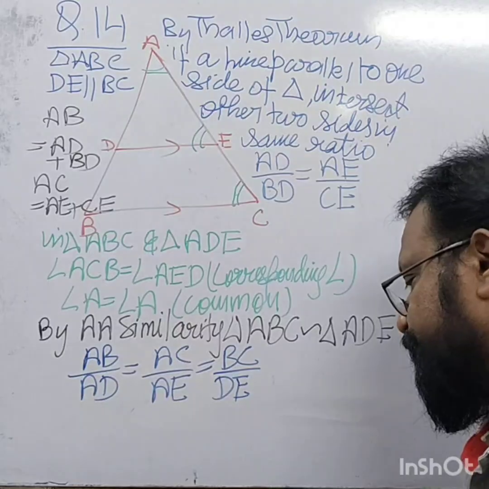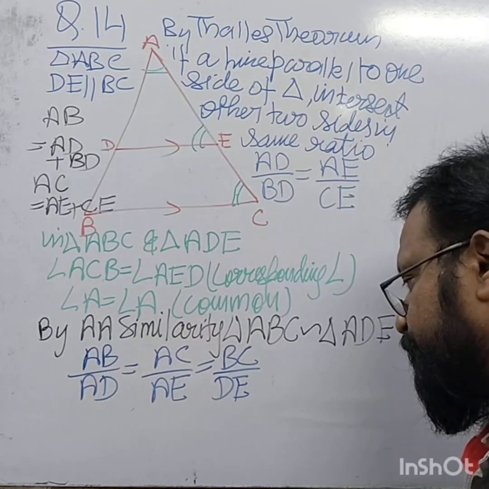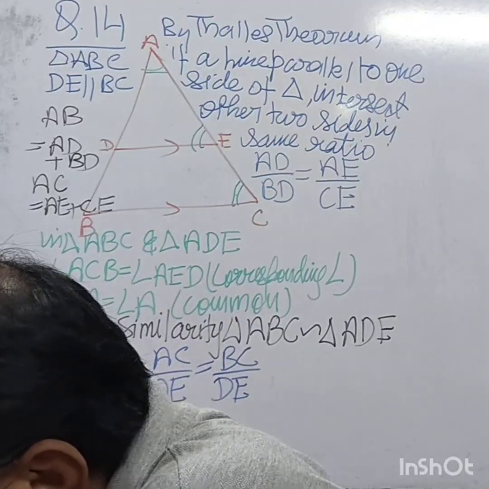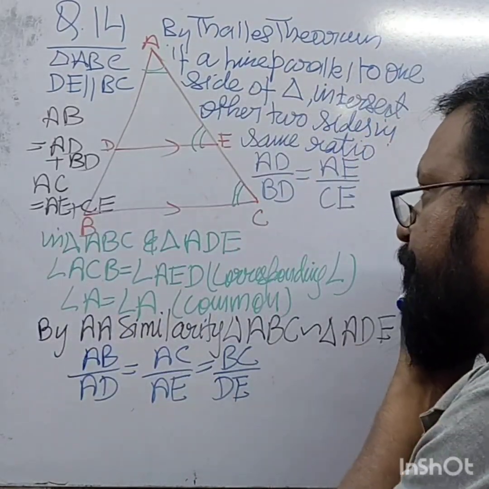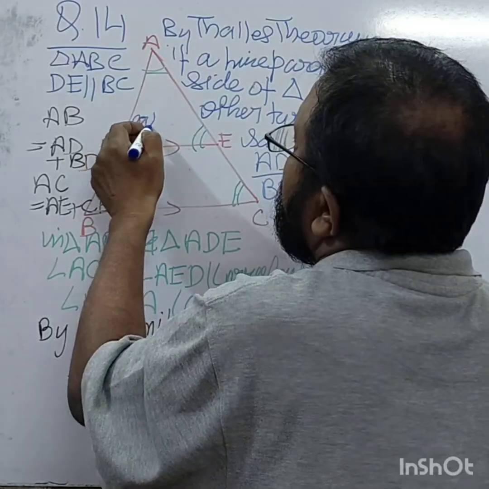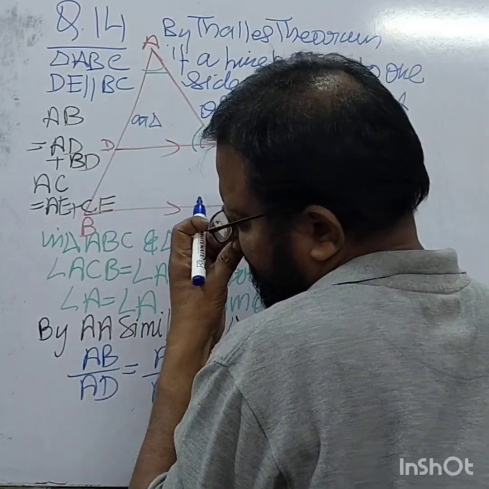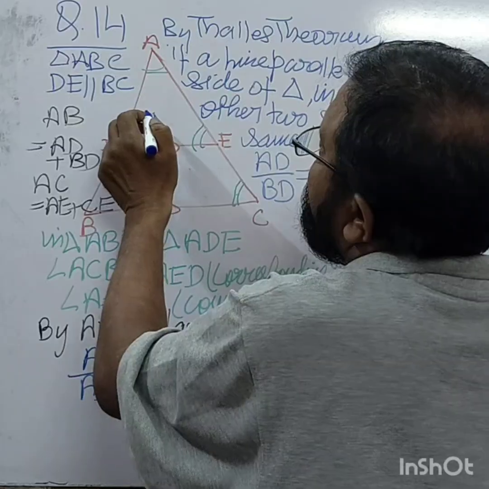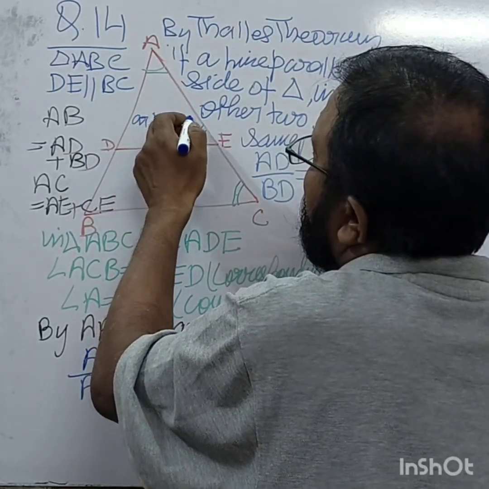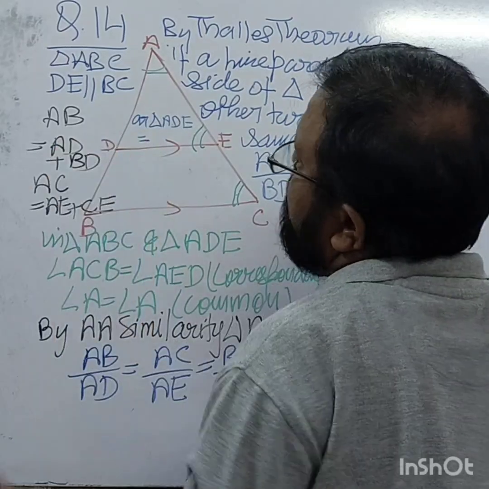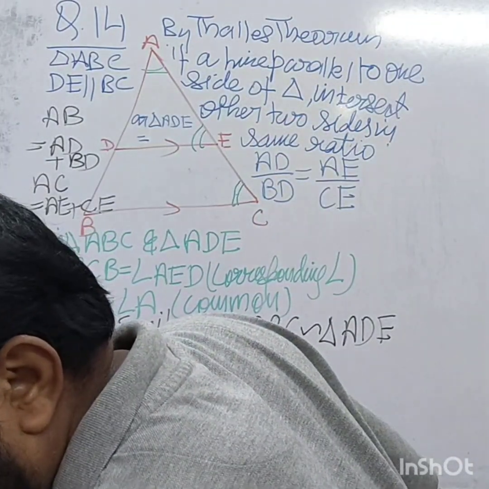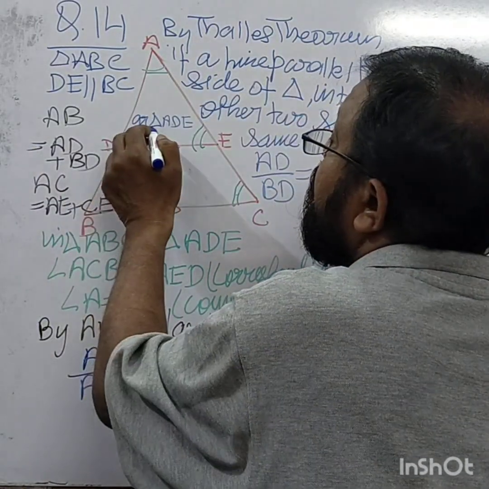So the area of triangle ADE represents DBC is 4:5. Okay. Area of triangle ADE is what? Say 4.